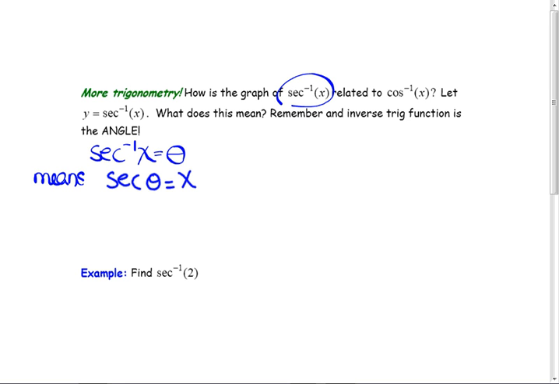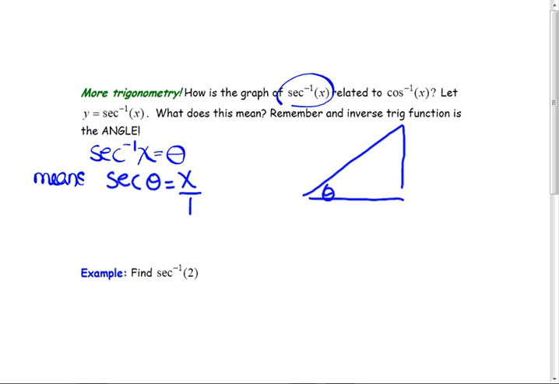Now, can I write x as a fraction? It's x over 1. So if I look at my picture, I'm going to draw a triangle. Here's theta. Now, if the secant is x over 1, Jack, where do I put the x?